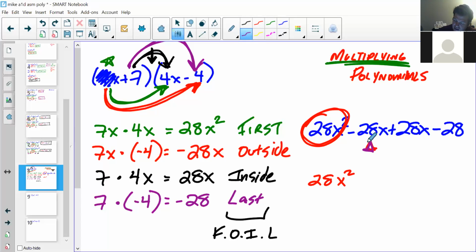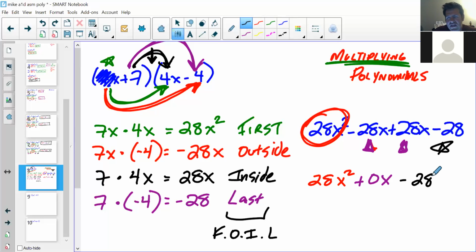Kind of gets a little bit weird here as we go negative 28x plus 28x. And if I combine those like terms, negative 28x plus 28x would actually make 0x. And then finally, there's the constant. We have negative 28 all by itself. There's no other constant involved here.